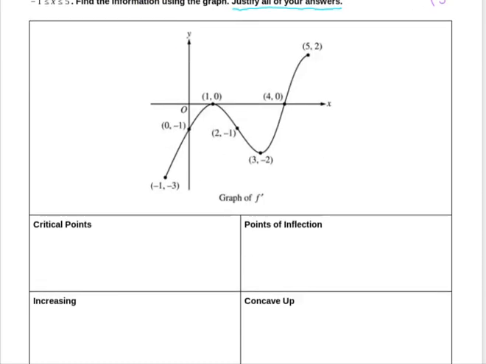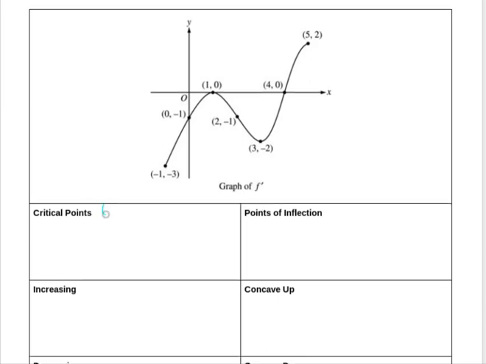The first thing we are asked to find are the critical points. So before you try and figure anything out or try and write an answer, you want to think through what it is. So critical points, we know, are when f prime of x, or the first derivative, is equal to 0 or does not exist. So we want to think about what that means. The first derivative is equal to 0, and this is the graph of the first derivative. That means I'm going to be looking at the x-intercepts.